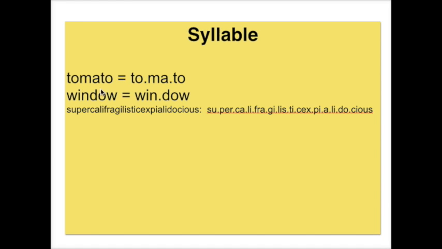Window, we have just 2. And to really get the idea of how to break a word down into vowel sounds, we have supercalifragilisticexpialidocious. So the breaking down of a syllable is key to understanding metre.